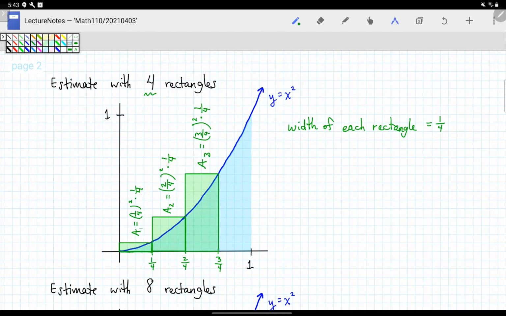And the last one, taking the height from the right side of the subinterval. Now I have, I'm going to call this R sub 4, and I'm going to explain what I mean by this later. This is going to be 1/4 squared times 1/4.